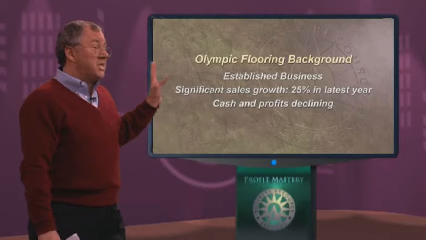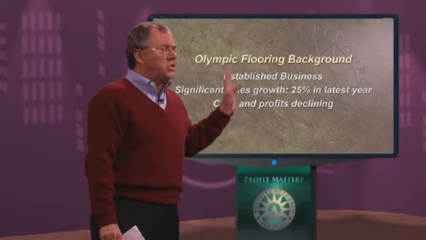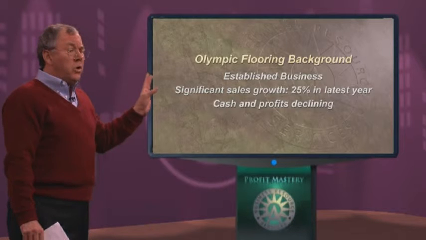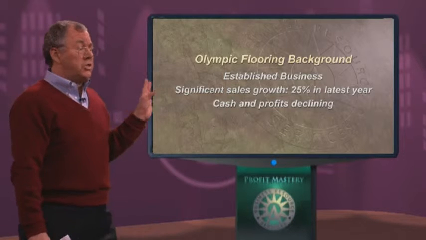We're not going to do that here. I just want to share with you kind of an overview of what this company looks like. This is an established business, had significant sales growth, 25% in the latest year. He's ended up borrowing money, and we want to look at how his balance sheet is structured. Because once we start talking about cash flow, we're really talking about what?